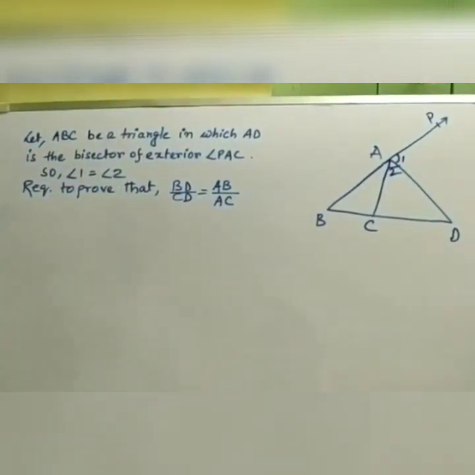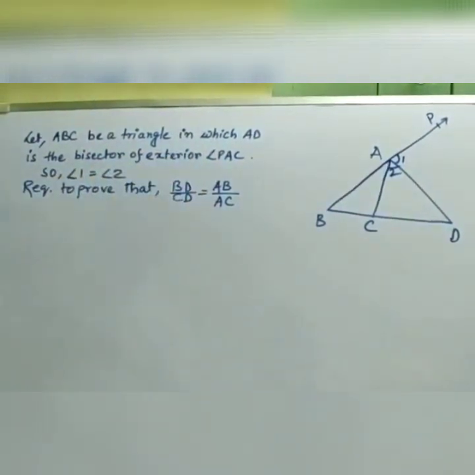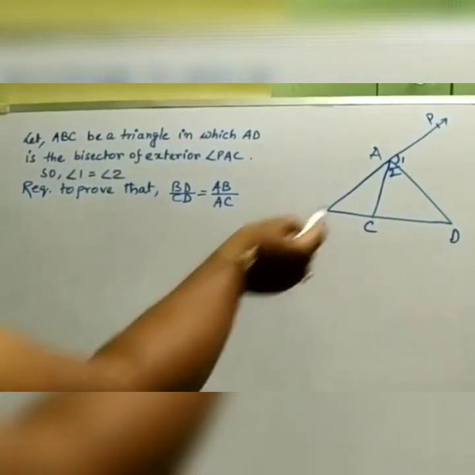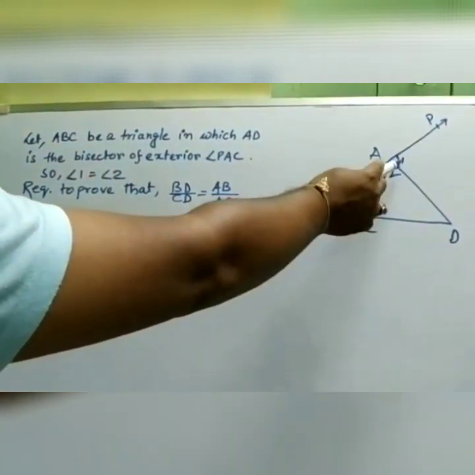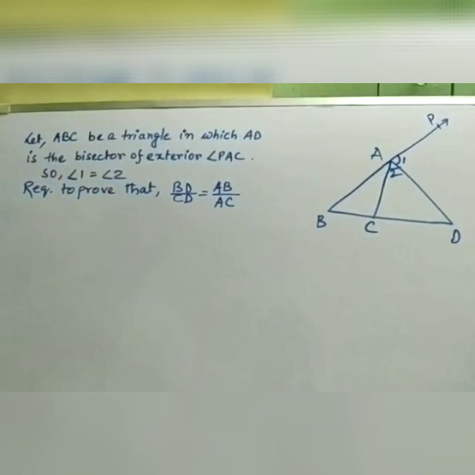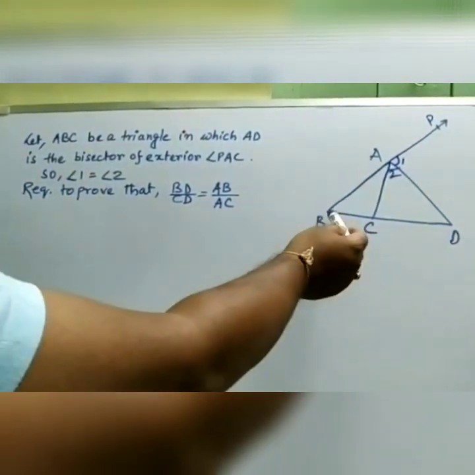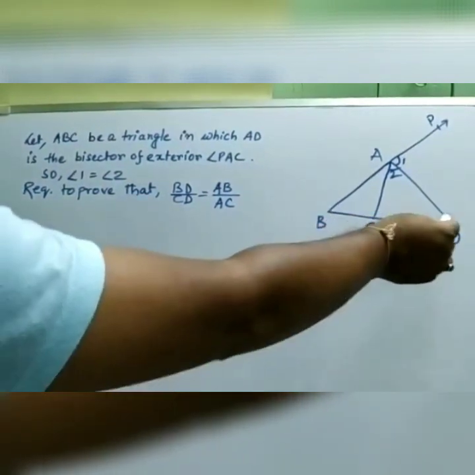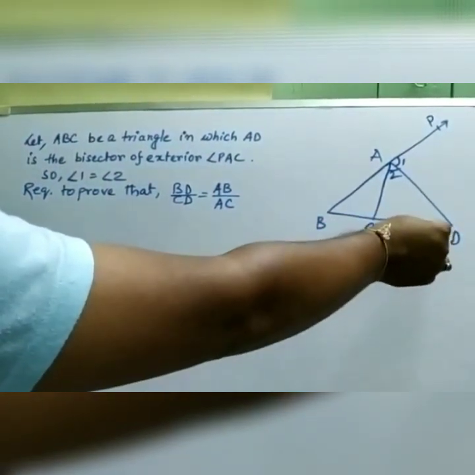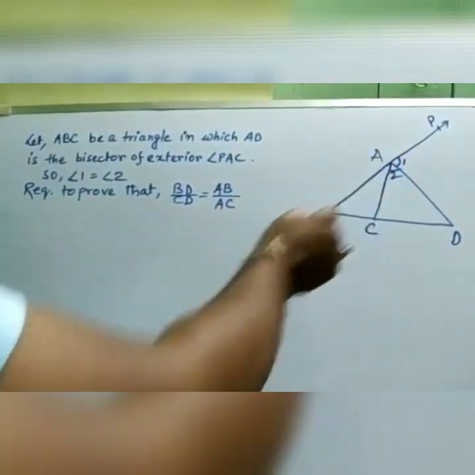Okay, so we have ABC as a triangle in which AD is the bisector of exterior angle PAC. So PAC is bisected by AD, and the two angles 1 and 2 are formed like the previous sum, that is angle 1 equals angle 2. The proof is also the same as what we have done: the side BD by CD is equal to the ratio of the sides containing the angle, that is AB by AC.